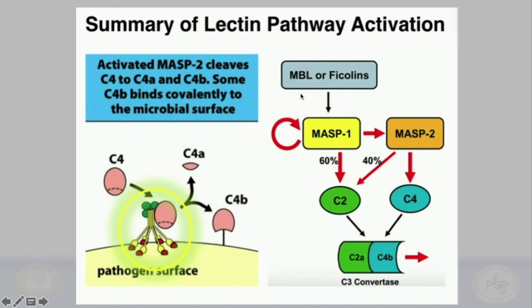This lectin would activate the MASP, your mannose activated serine proteases, which would cleave or hydrolyze C2 and C4 into C2a and C4b, forming a C3 convertase. And at this point, this is where it will merge with the classical pathway.